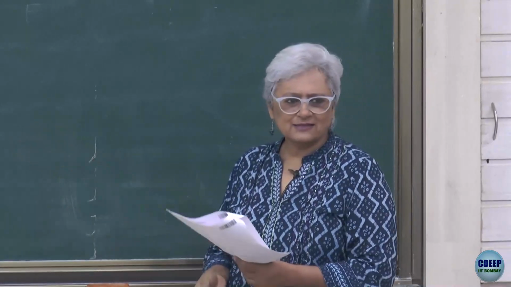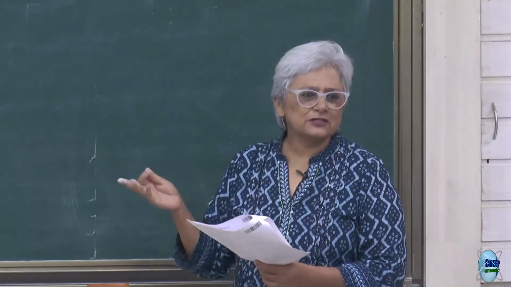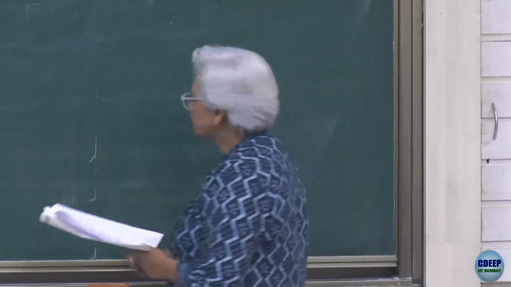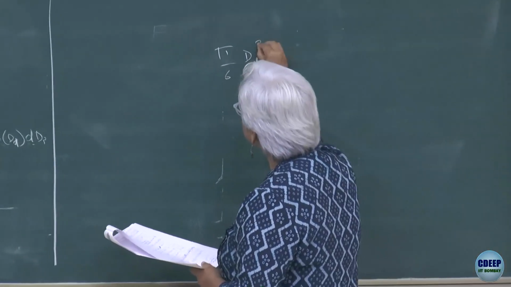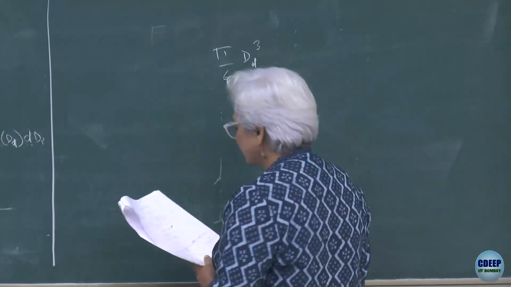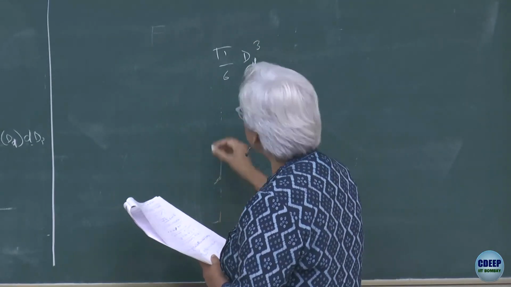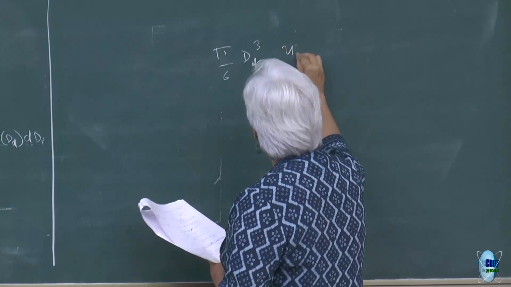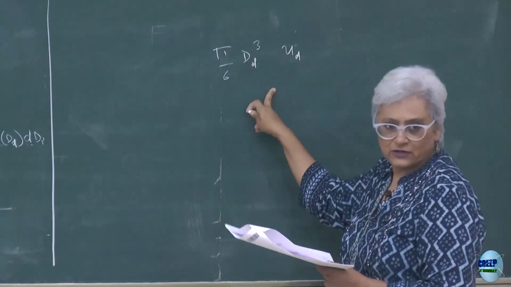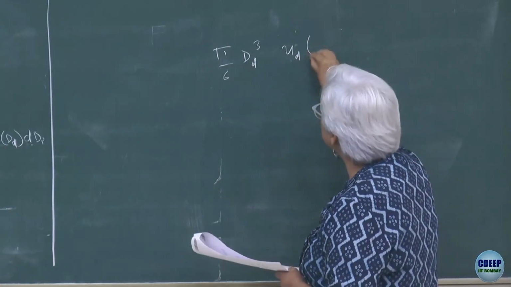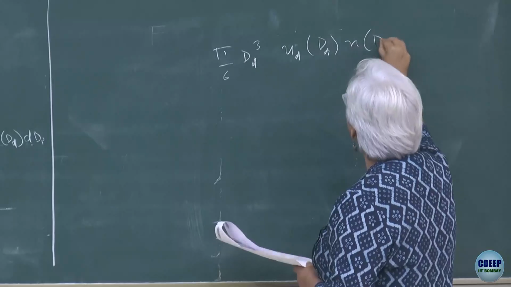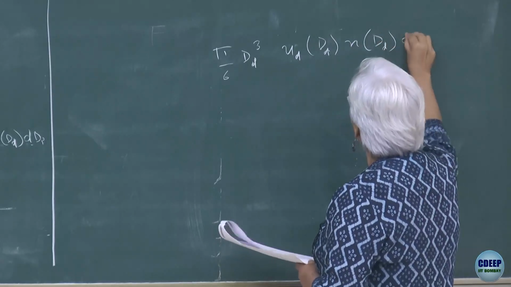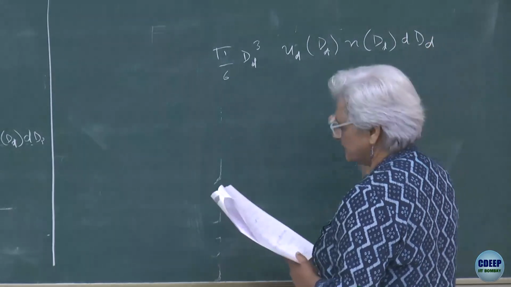What is the rain rate? I think of all the drops falling and add up over all of them. Right, so all you have is a pi by 6 and this is d_d cubed, right? That is this, and then I have the velocity of each drop, and then I go ahead and sum it over all drops, right?